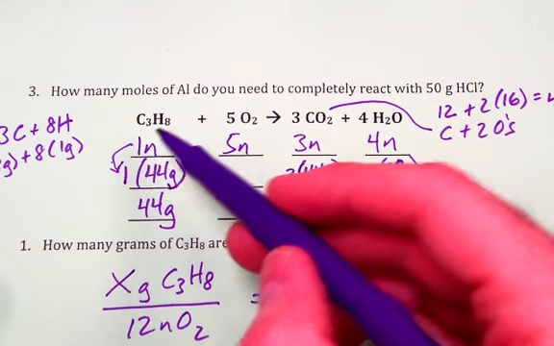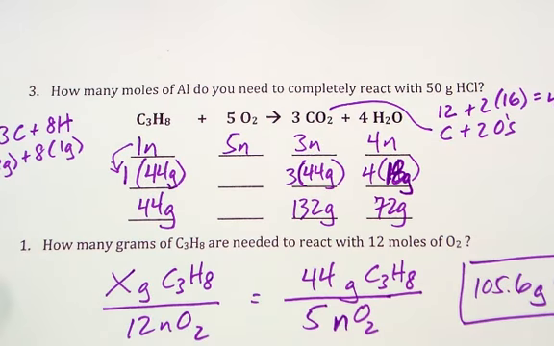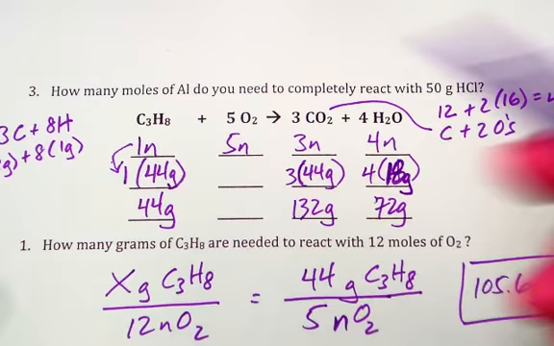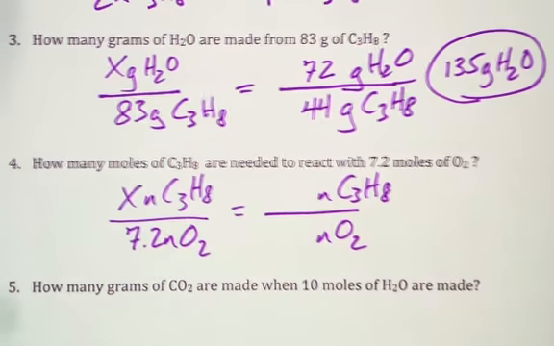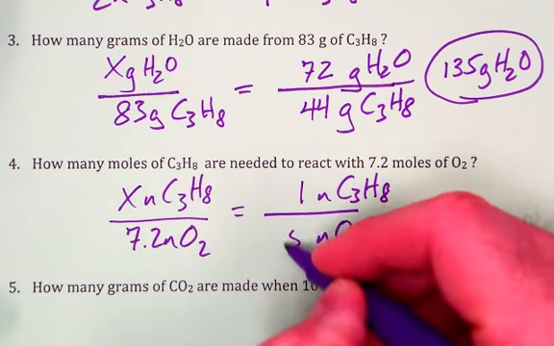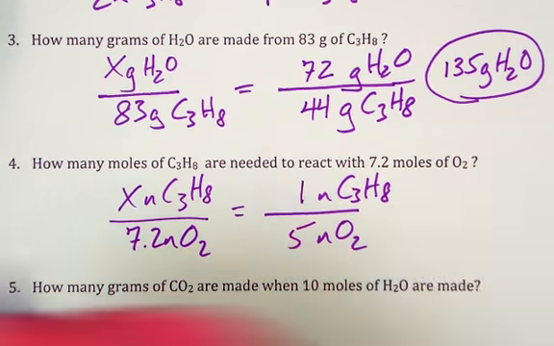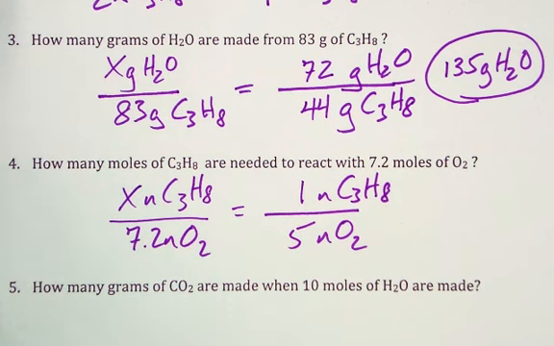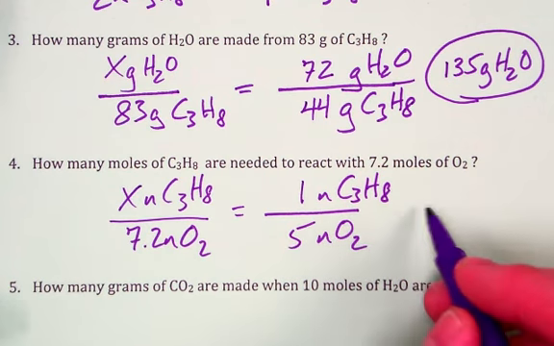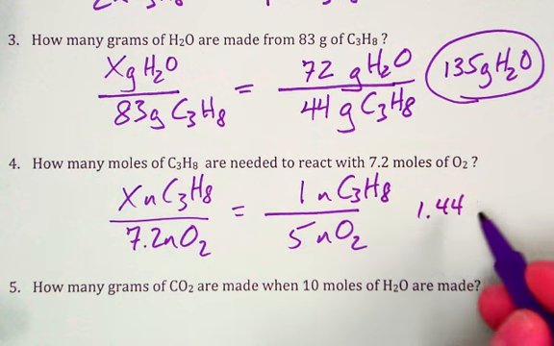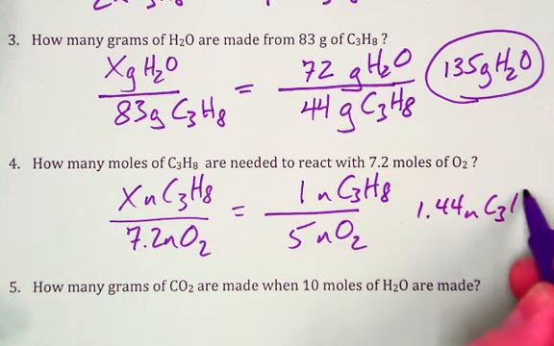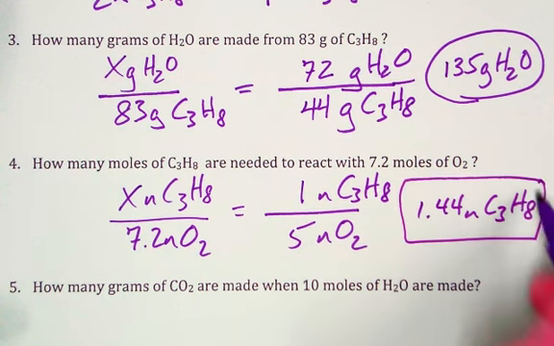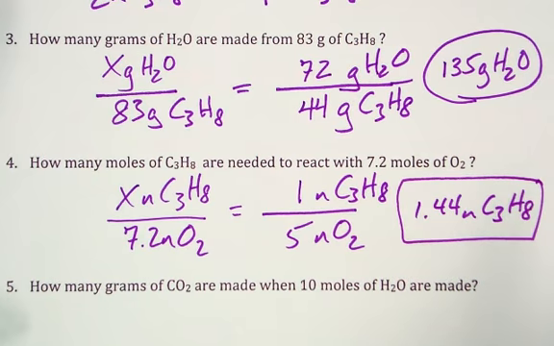So looking at our equation, there's 1 mole of C3H8, and for O2 there was 5. So we're going to put 1 on top and 5 on the bottom, and cross multiply and divide, get our answer. So 7.2 times 1 divided by 5, 1.44 moles of C3H8. So in that one, no problems there.